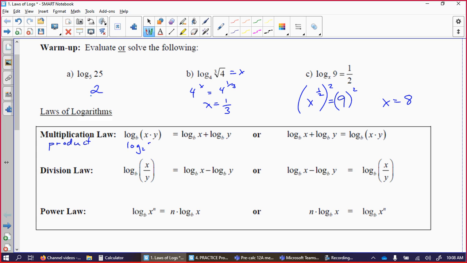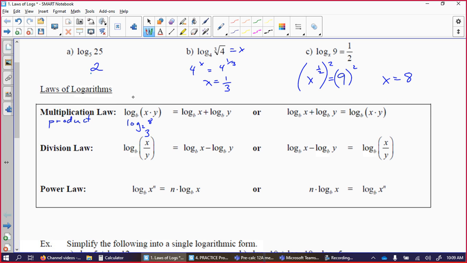So let's see, log base 2 of 8. Well, we know 2 to what power is 8? 2 to the third power. But if I take 8, I can say that is log, 8 is 2 times 4.